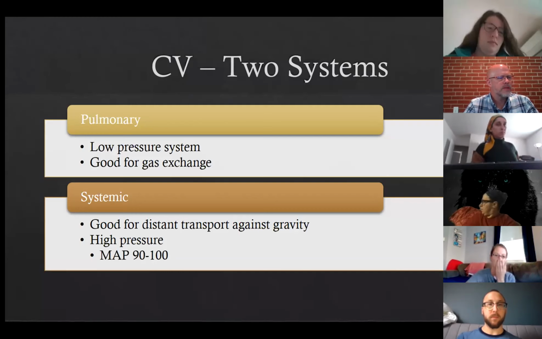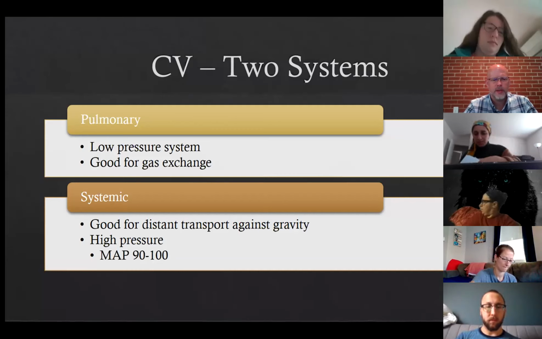Let's see. What does MAP mean to you all? Mean arterial pressure. Good. And which number is multiplied times 2? The systolic or the diastolic? Diastolic. Good. For most of us, when we're at rest and our heart's a normal rate, we're going to be in diastole longer than we're in systole. MAPs are very important when we're talking about critical care nursing.